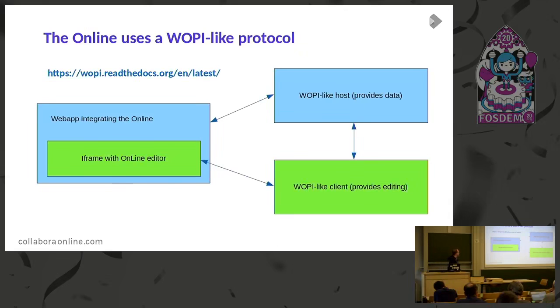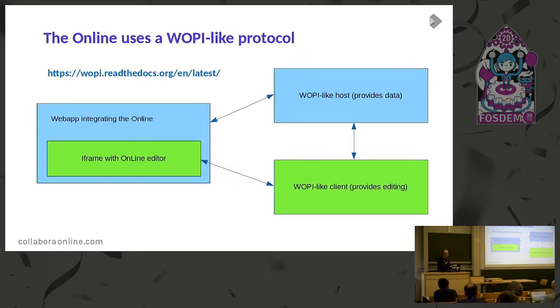So we need to talk a few words about this WOPI protocol, or WOPI-like protocol. WOPI is an abbreviation of Web Application Open Platform Interface. This protocol is used to exchange documents and data between web applications, so it's just suitable for this case. And it's an open standard.